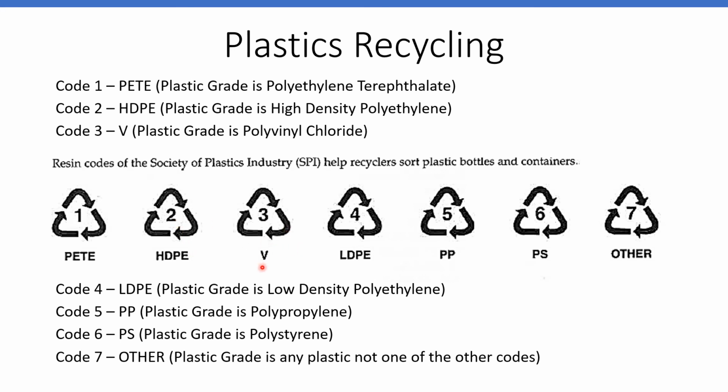Code 3 is V for your PVC, polyvinyl chloride, go there. Code 4, low density polyethylene. This is high density, this is low density, they're not the same. Code 5, your polypropylene, code 6 polystyrene, and all others going into 7, yeah? Mostly the household trash goes straight into that category.